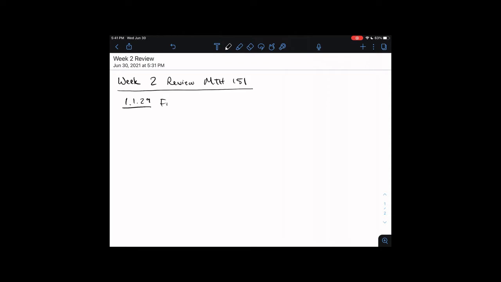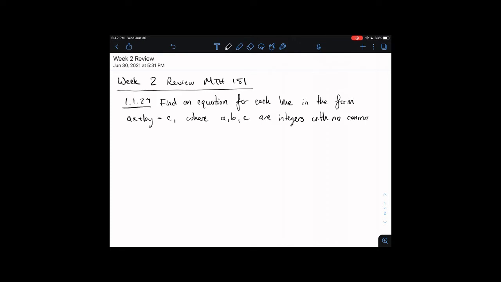It says, find an equation for each line in the form ax plus by equals c, where a, b, and c are integers with no common factor, and a is non-negative.